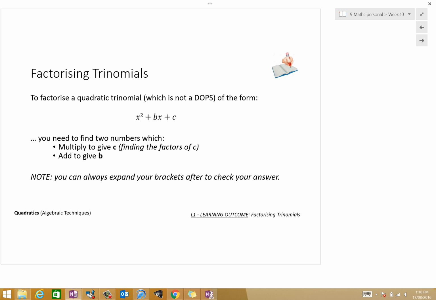Now, what we've actually got is an A value, a B value, and a C value. For starters, you're going to be looking at monic trinomials, which means that this A value is 1. Mono. Have you heard of monorail? What does that mean?